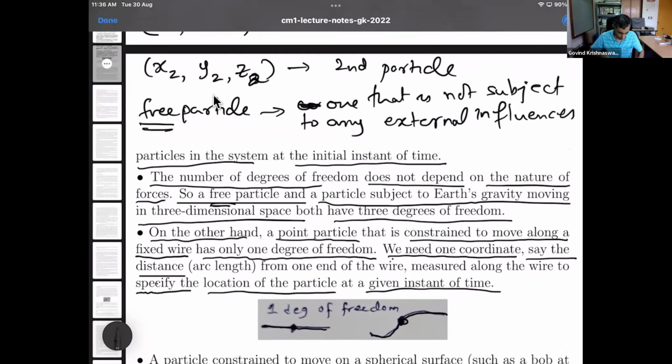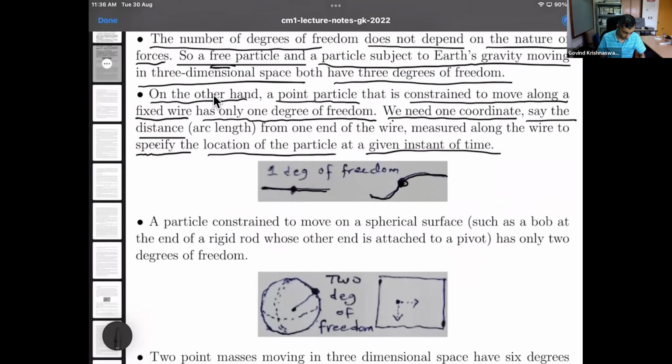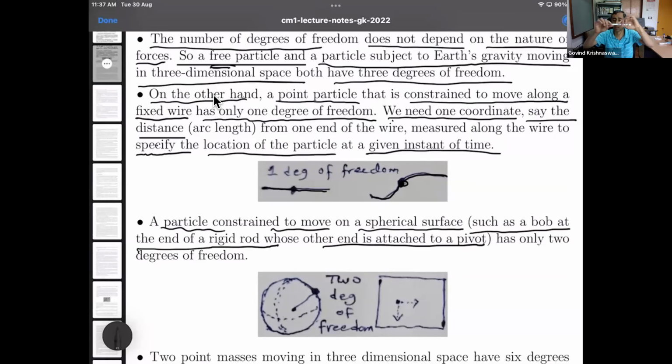All right, let's go to another example. A particle that is constrained to move on a spherical surface, such as the bob at the end of a rigid rod whose other end is attached to a fixed pivot. Okay, so I have in mind some situation like this. The bob is this end of the pen, my rod is the pen itself, and the pivot is holding the other end of the pen fixed.